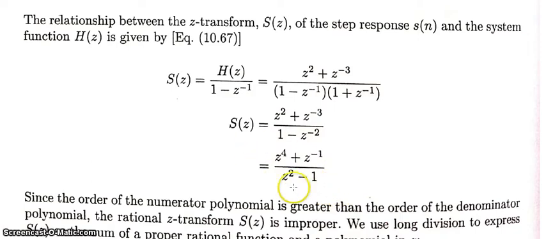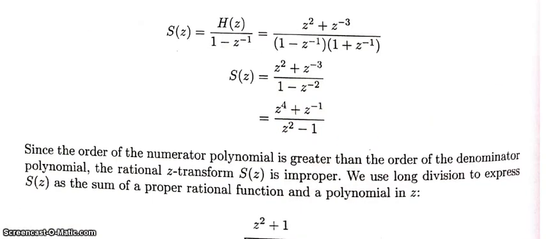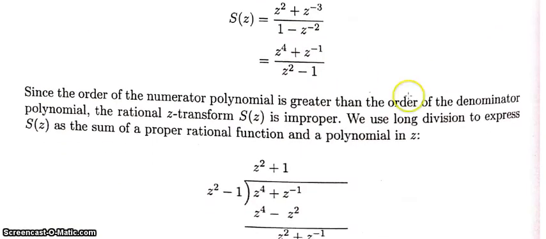Now if you observe this S of Z, it has a numerator polynomial and a denominator polynomial, and the order of the numerator polynomial is greater than the order of the denominator polynomial. Therefore S of Z is an improper function, so we have to make it a proper one.